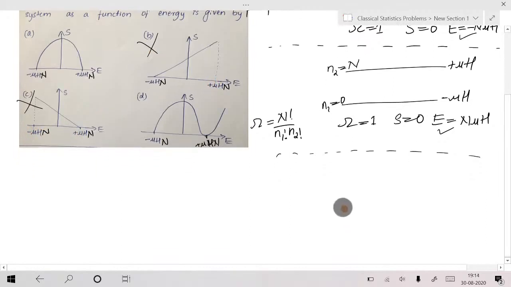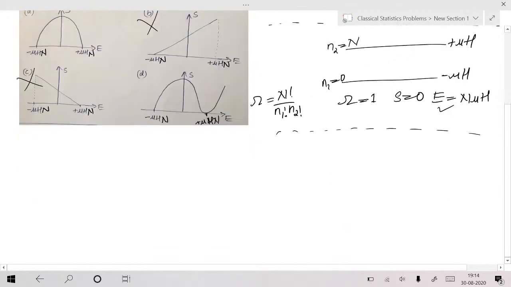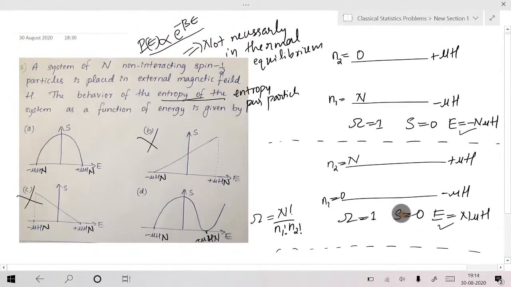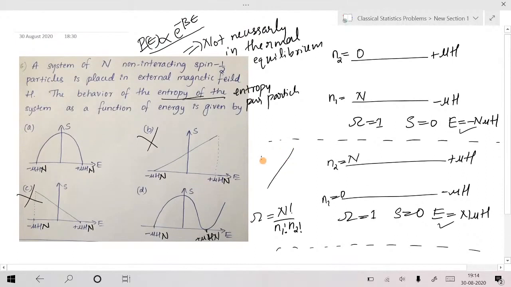But think about when entropy is maximum. Entropy is maximum when n1 is equal to n by 2 and n2 is equal to n by 2. Actually, in thermal equilibrium, the other situation will not happen. That is a population inversion situation, which will never happen, which is why population inversion is not possible with only a two-level system. I hope I have already discussed this.